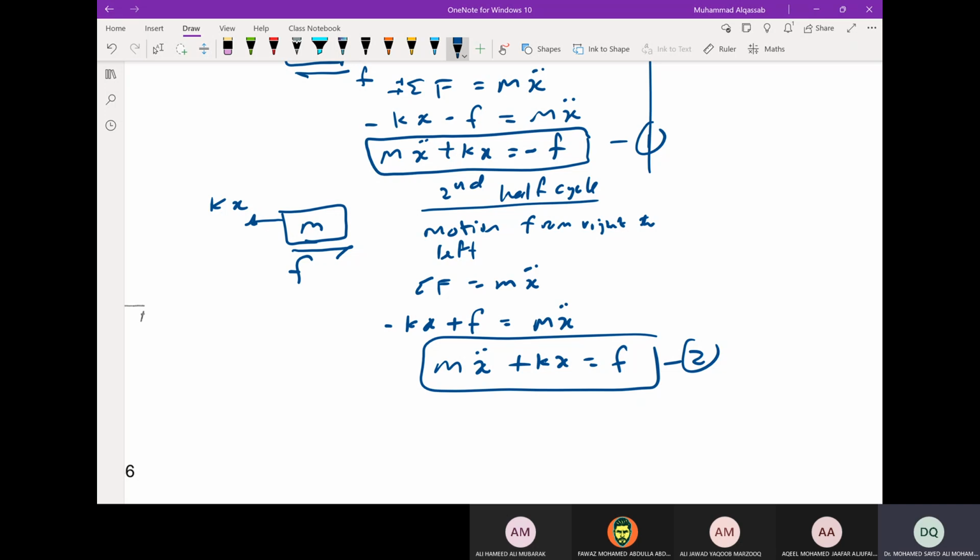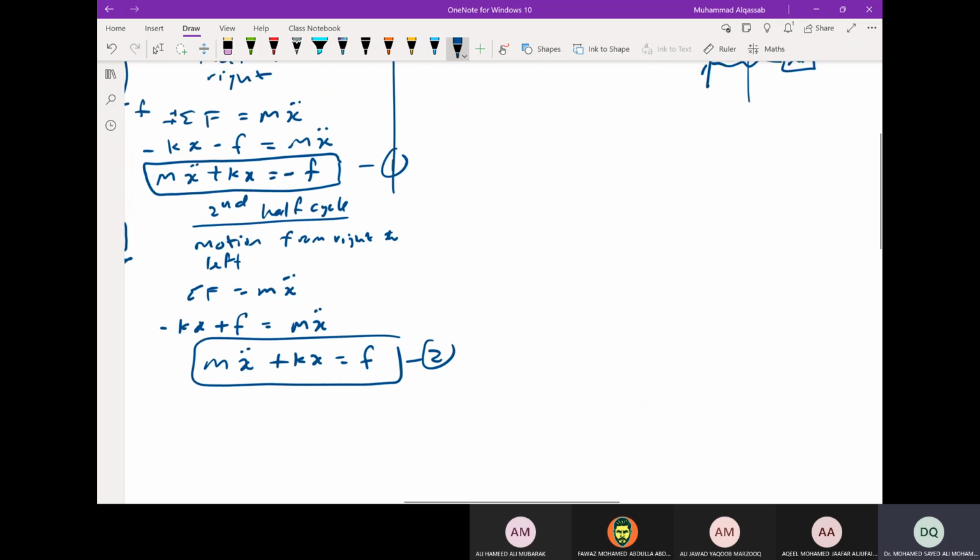We cannot assume any solution here for the particular. For the homogeneous, the solution consists of two parts, x homogeneous plus x particular.